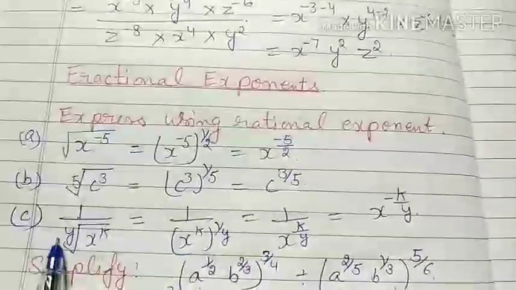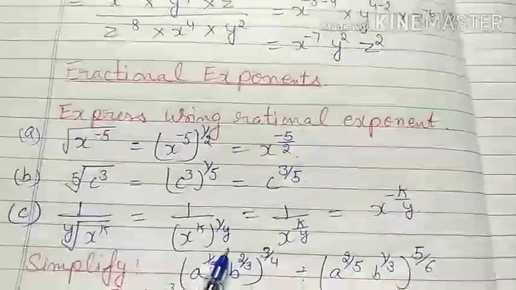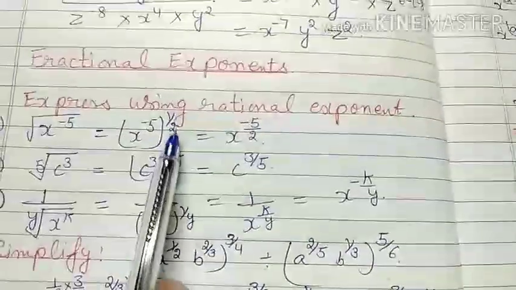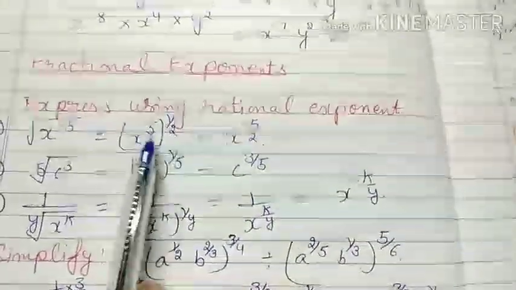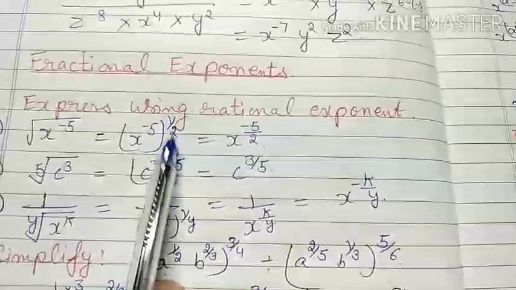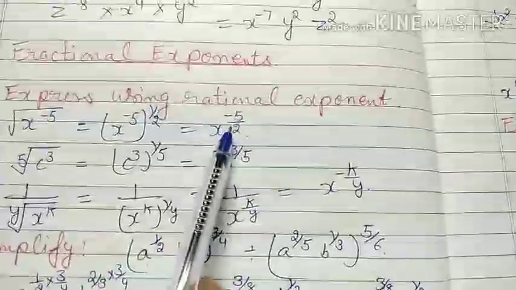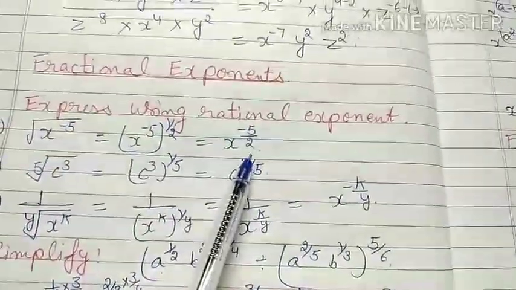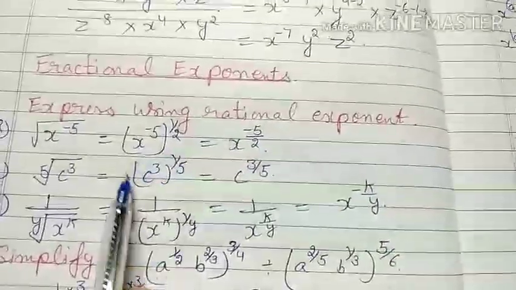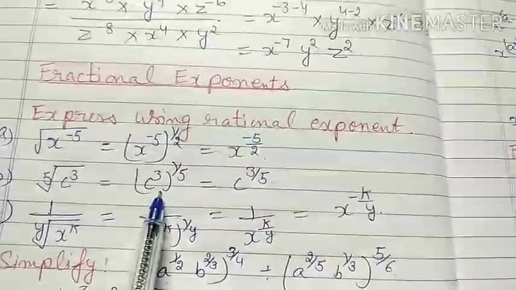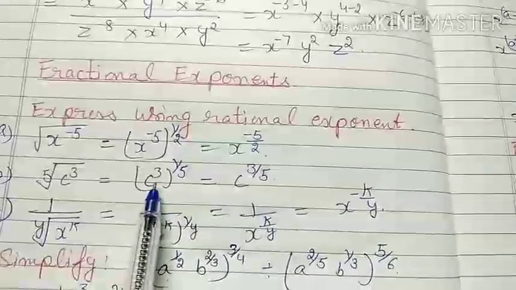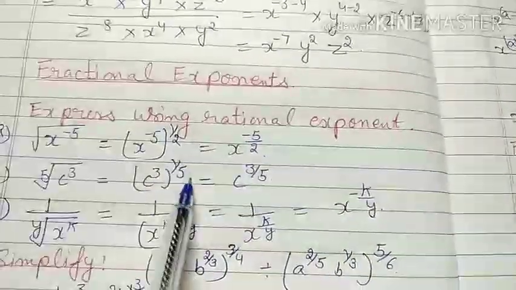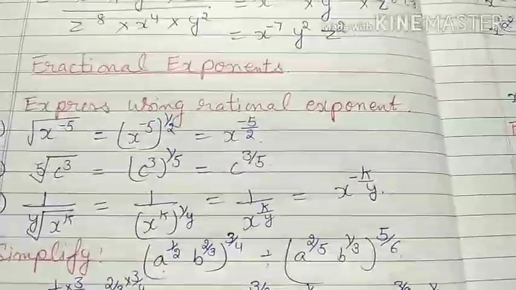And yth root means raised to power 1 by y. So here square root changes to raised to power 1 by 2. This is the fraction power. Now minus 5 multiplied by 1 by 2 gives me x raised to power minus 5 by 2. Here also the fifth root changes to 1 by 5 as the raised to power of the same term. Now 3 multiplied by 1 by 5 gives me 3 by 5.